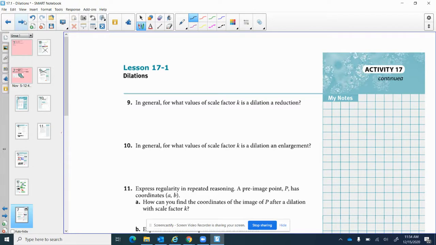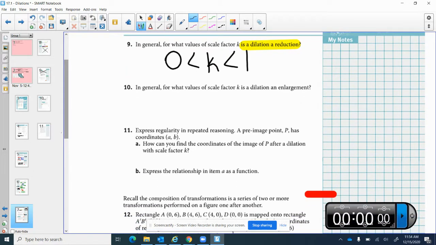So in general, what we would say for a reduction is that our scale factors are going to be between 0 and 1. That's what your scale factor, your k value, is between. So a fractional value a lot of times, between 0 and 1. So smaller than 1, bigger than 0. And for our enlargements, on the other hand, we are going to have a scale factor that's bigger than 1. So anything above 1 is going to be an enlargement.